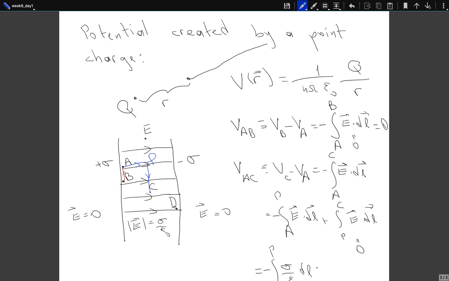If you are moving in the opposite direction to the electric field, the potential energy is always increasing. Because E dot dl, if dl is in the opposite direction of E, then this is negative. This makes it positive. So this difference is then positive. Did I say it right?